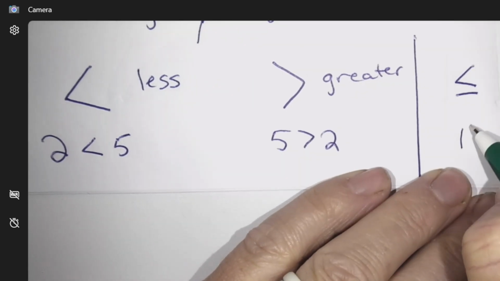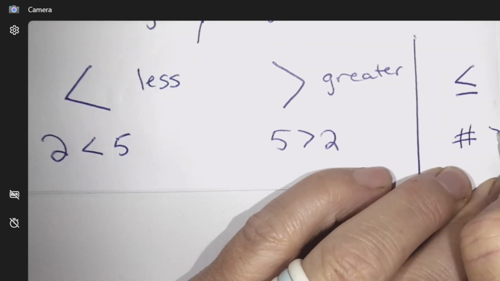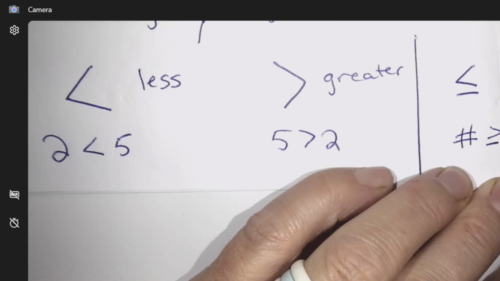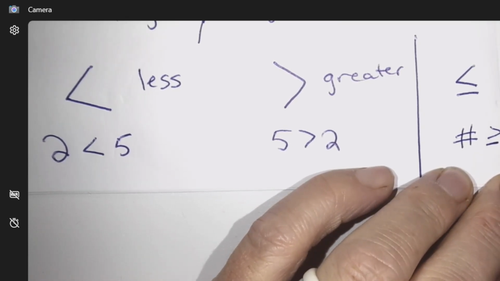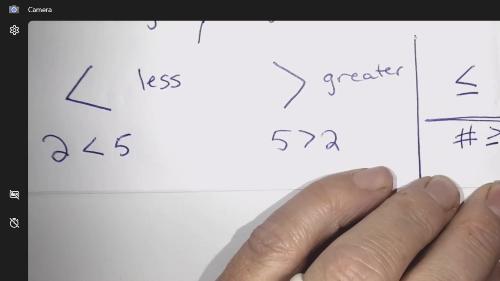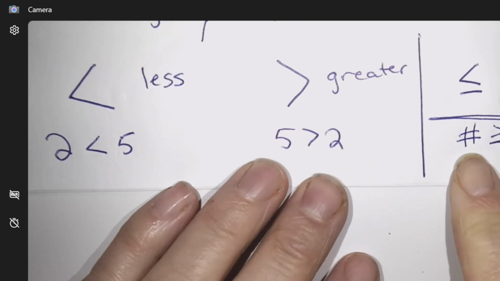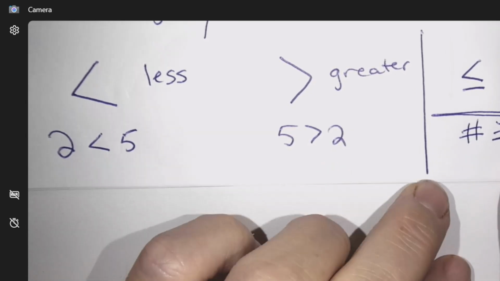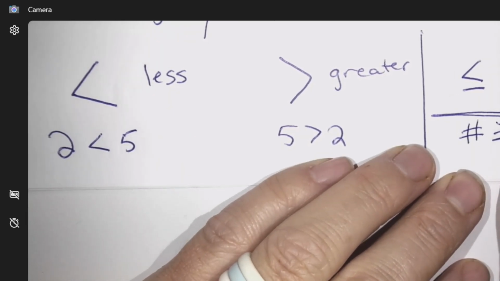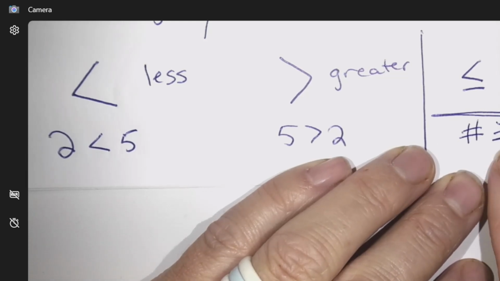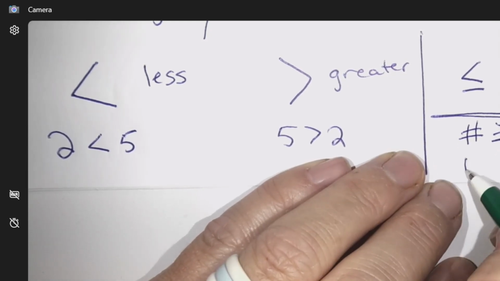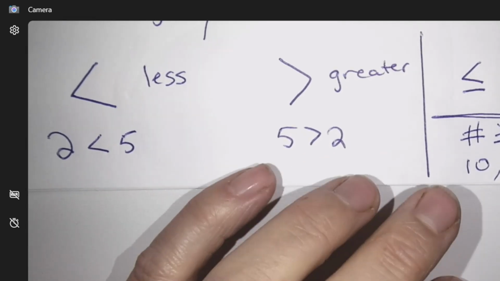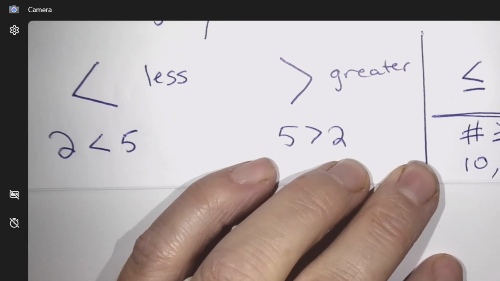So if I said a number had to be greater than or equal to 10, this is what this says. A number has to be greater than or equal to 10. Give me some examples. What's the first example that would work? 10, because I'm allowed to be equal to 10. 11, 12, 13, okay?